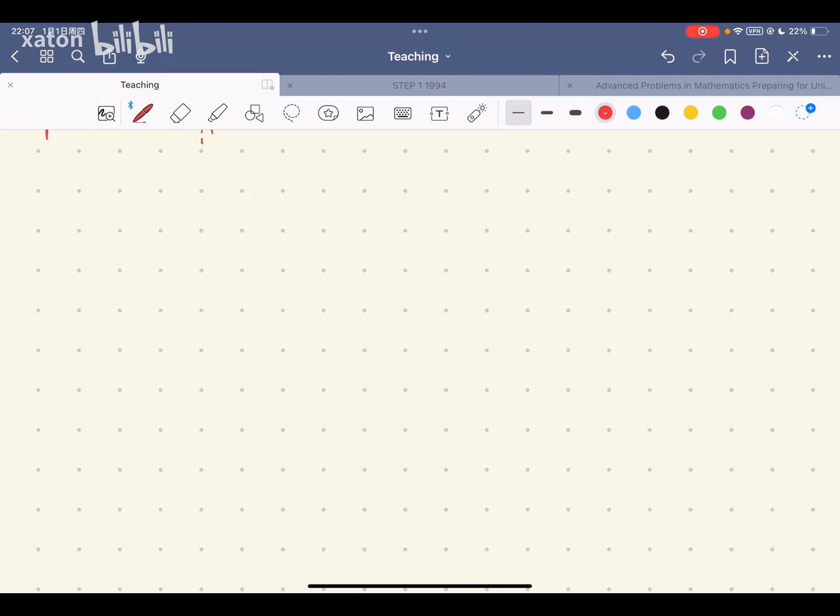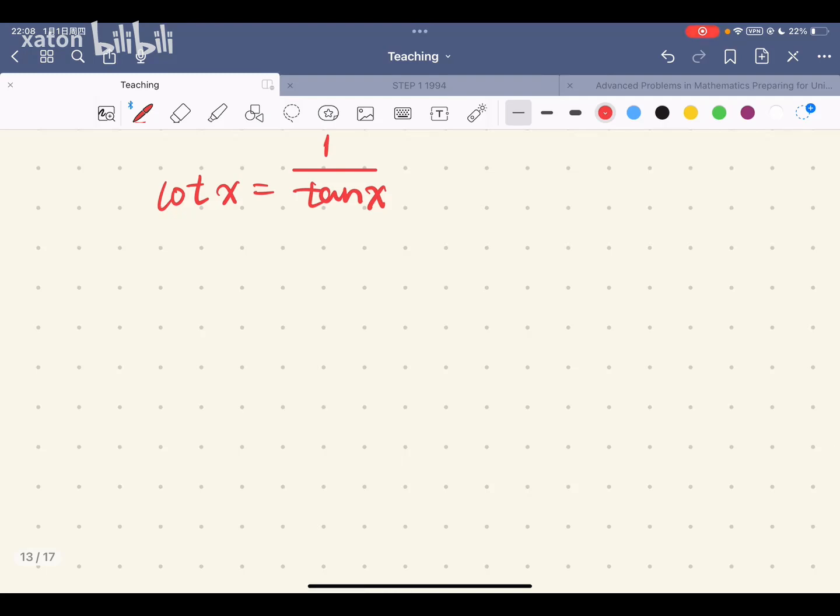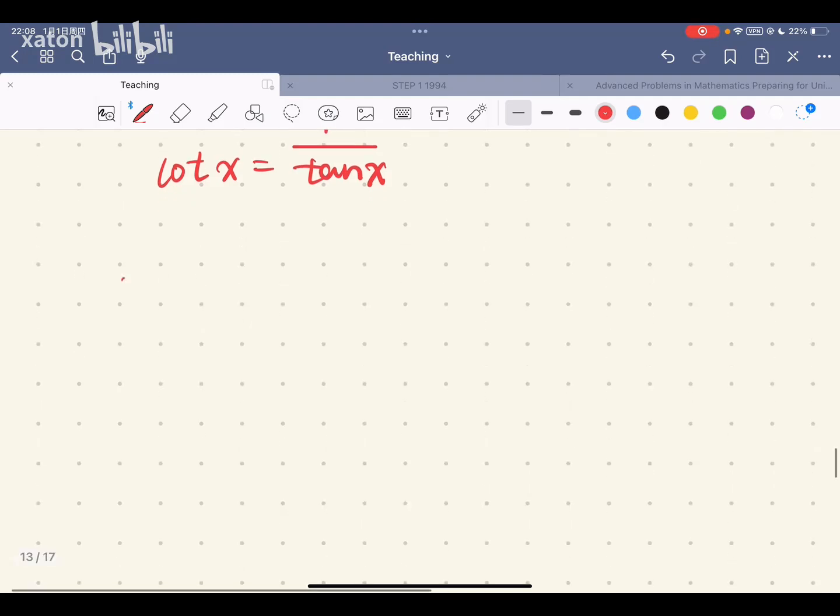The first basic property is cotangent x equals 1 over tangent x. It's a reciprocal of tangent x. And tangent of pi minus x should be the reciprocal of tangent x.